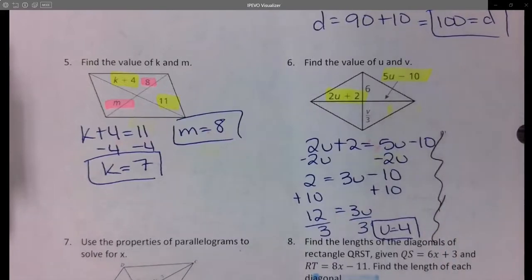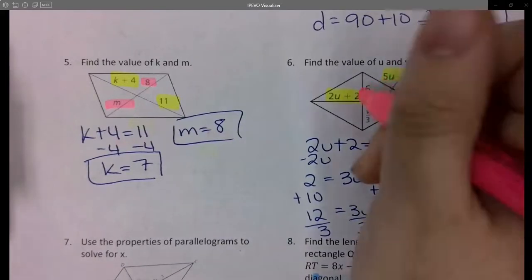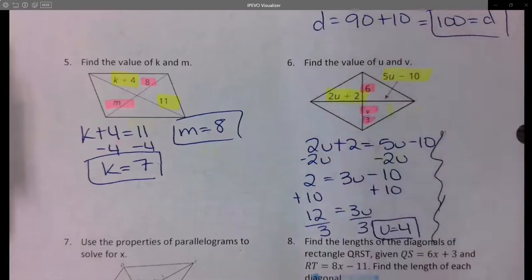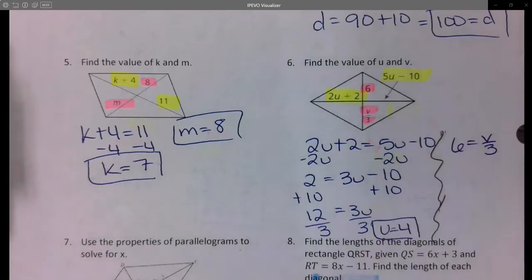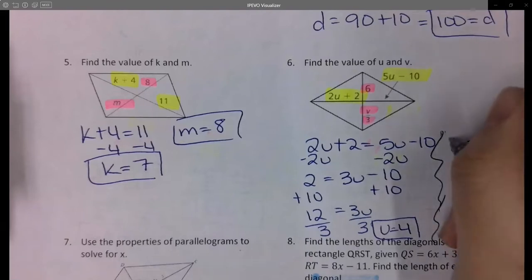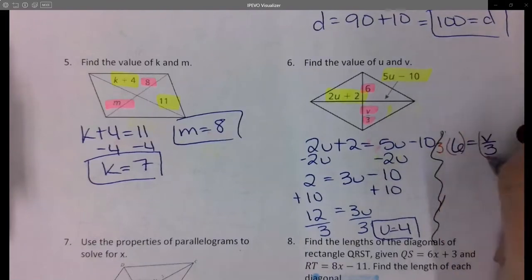Then I want to go ahead and solve for v. So this is the up and down lines that I'm going to set congruent. I'm going to have 6 equals v over 3. The way I get rid of fractions is multiplying both sides by 3.